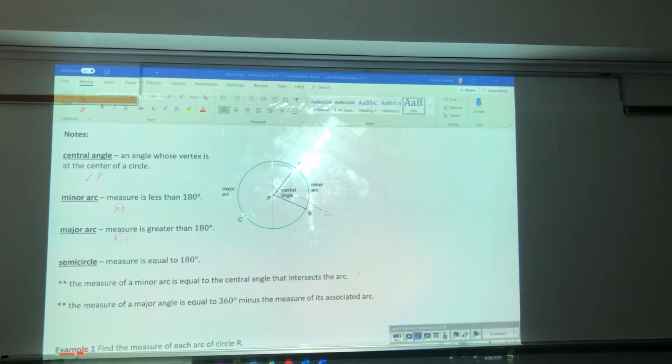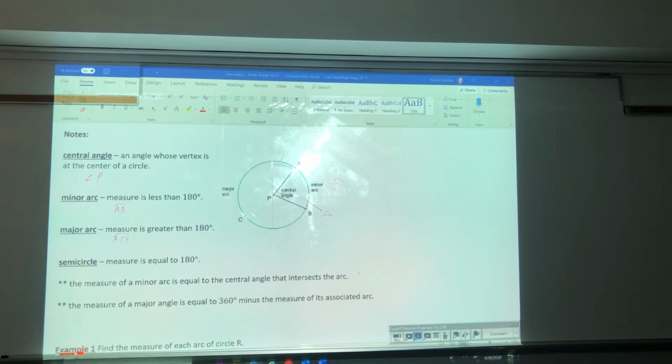The measure of a major arc is basically you're just taking that number away from 360. It's going to be equal to 360 minus the measure of the associated arc.